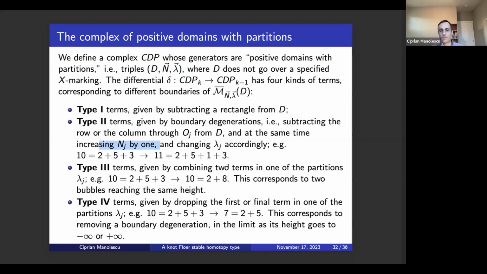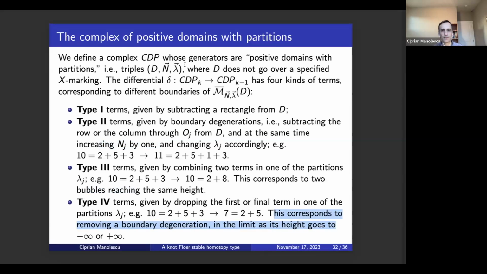Then also combining two terms in the partition corresponds to two bubbles reaching the same height, and then removing a boundary degeneration when the height goes to -infinity or +infinity. So every time we expect a moduli space to be in the boundary of a bigger moduli space, we add a term in this differential, and we make a complex out of these triples, D and lambda.